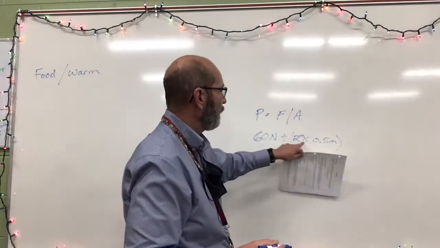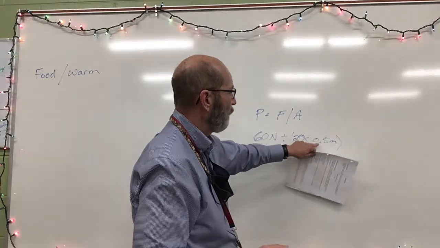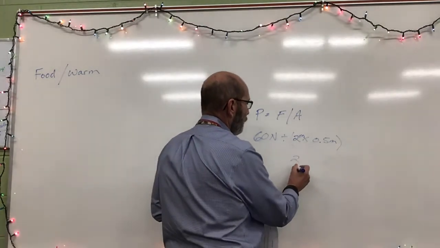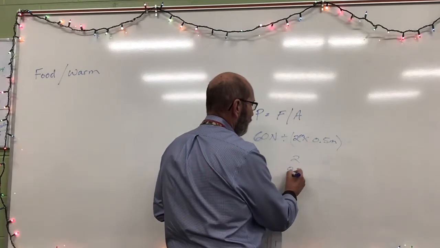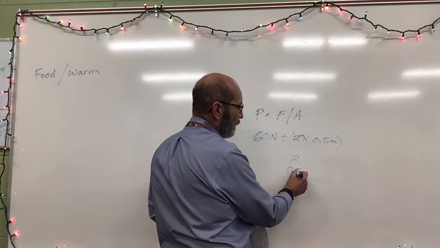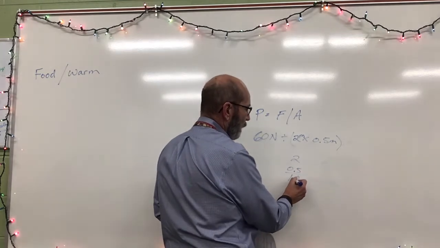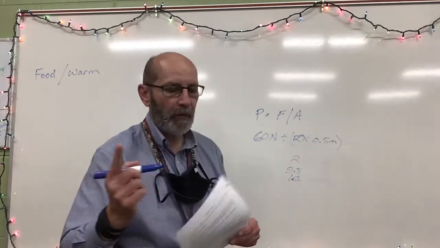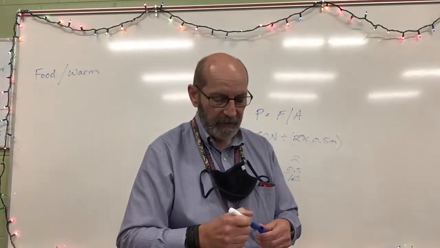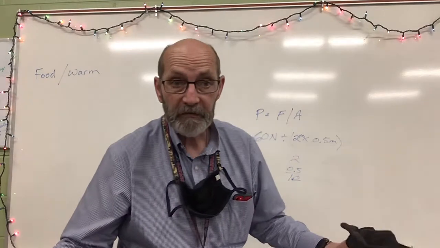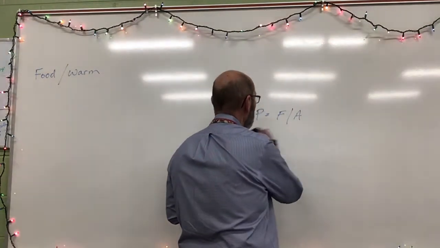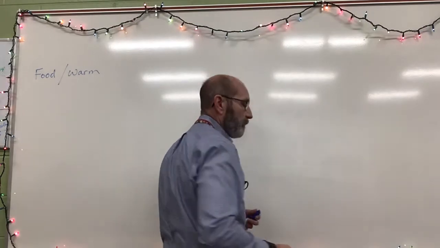So 0.5 times 2, if you remember how to do math, that would be 10, and then you have to move the decimal in 1, so that gives you 1. That's where the 1 comes from. And then, of course, 60 divided by 1 is 60. So obviously that one gives off a little bit more force.